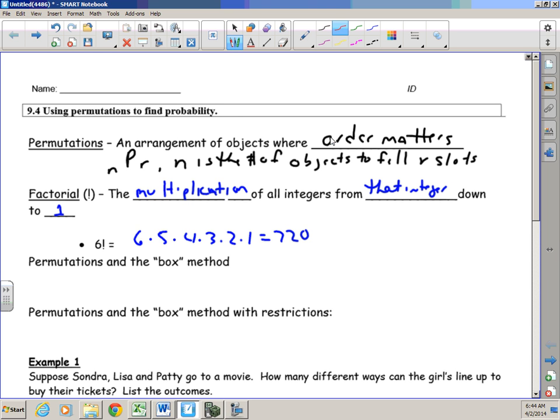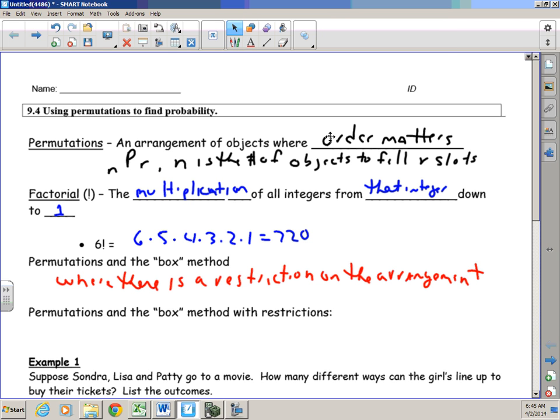When we do permutations, one of the things that we're going to see that's helpful to us is using what we call the box method. We actually did this a little bit before. And where this kicks in is where there is a restriction on the arrangement.